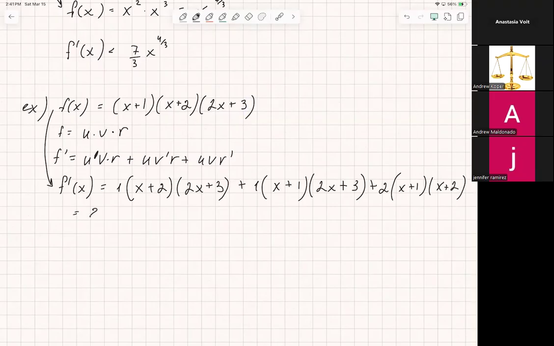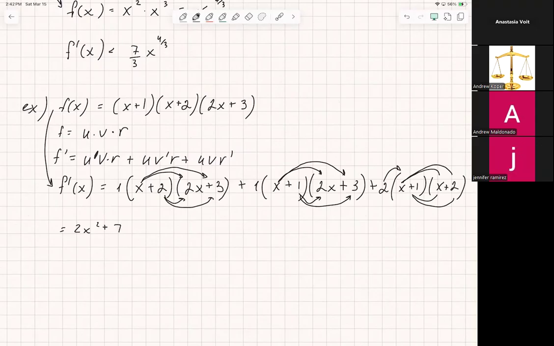We have 2x squared plus, so what I'm doing is distributing all of them together, and that would be my last step. Then I'll distribute that. So I have 2x squared plus 7x plus 6.